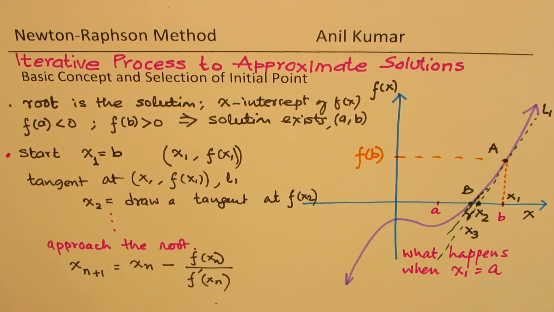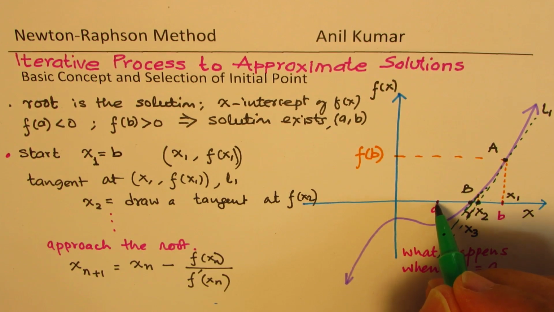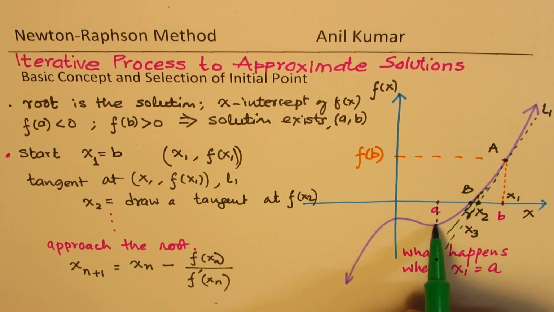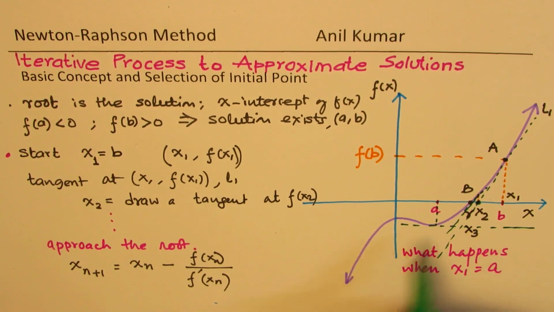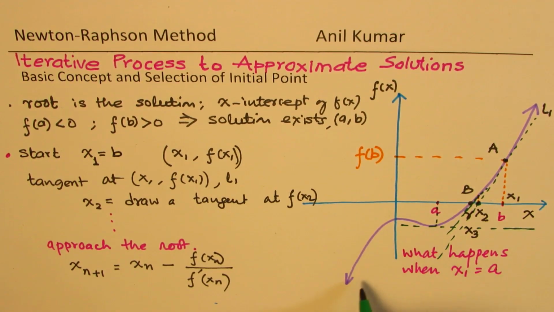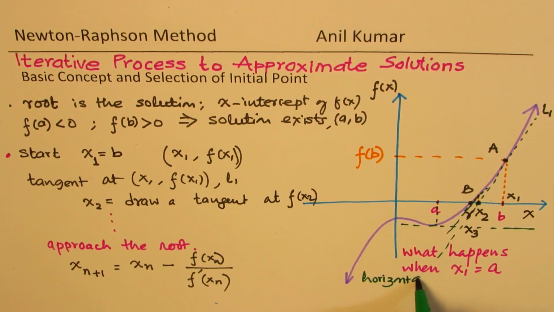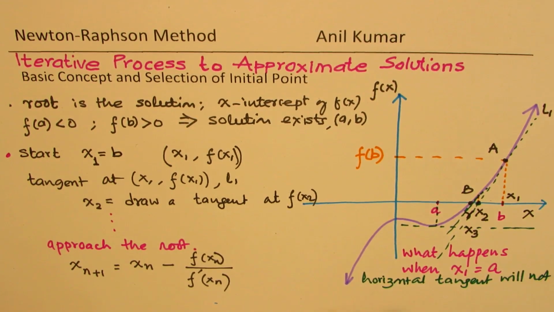Now if I choose A as my first value, then on the graph I have a horizontal tangent. Do you see that part? So the horizontal tangent will not have an x-intercept, correct?